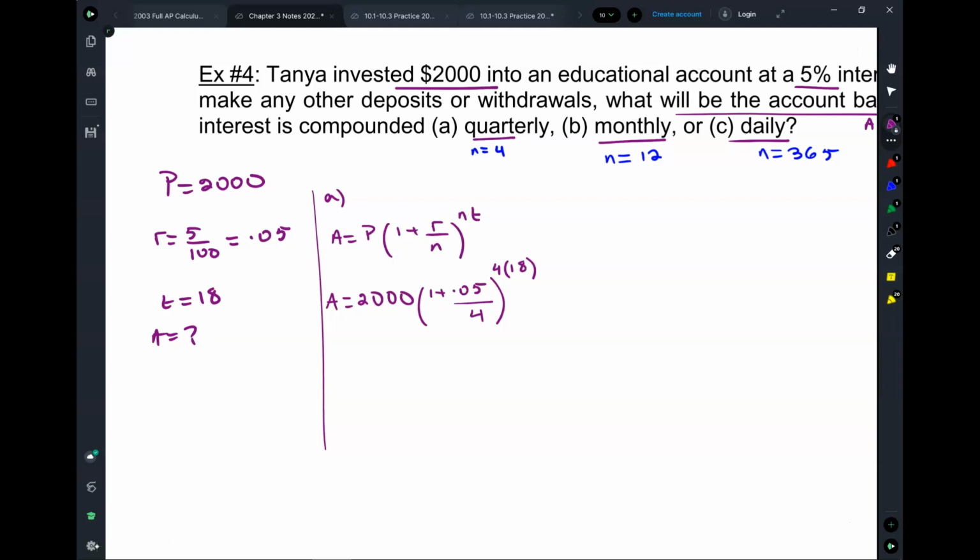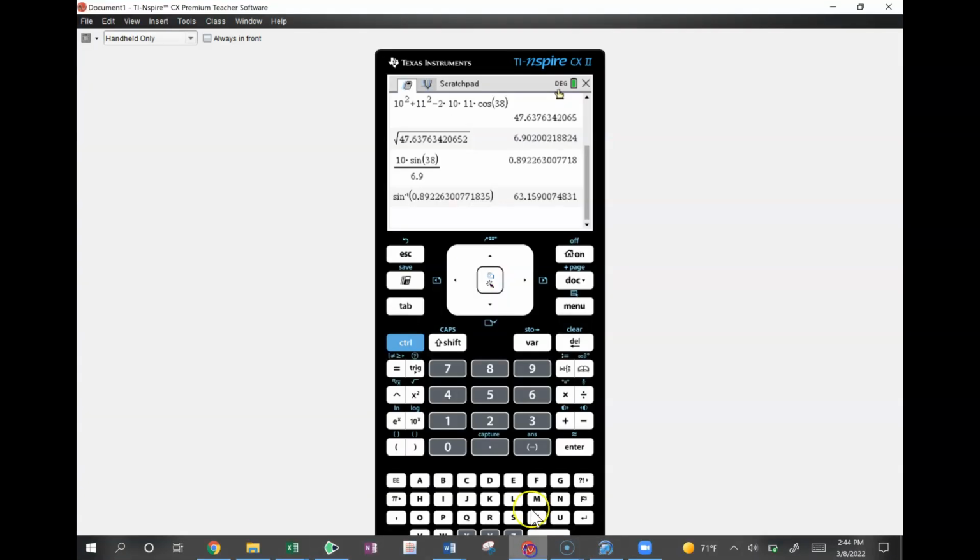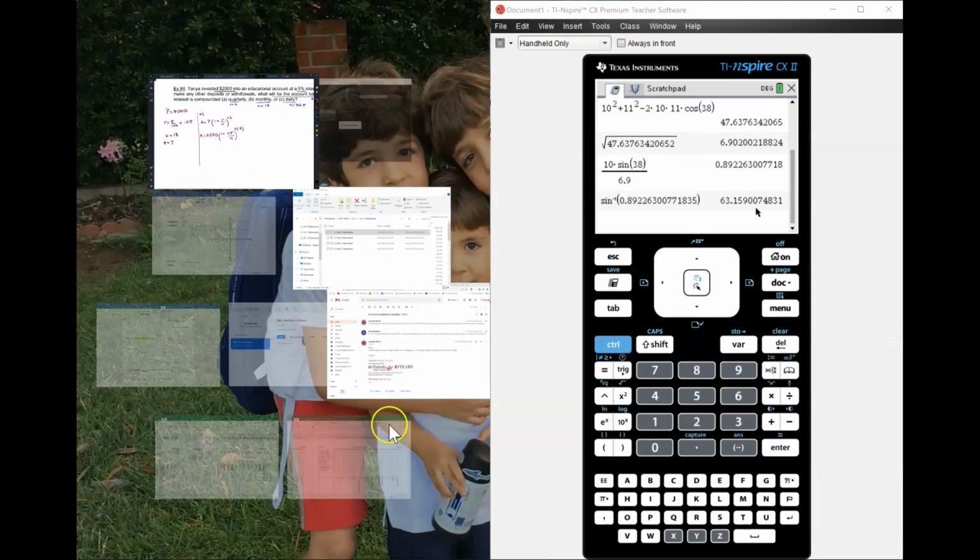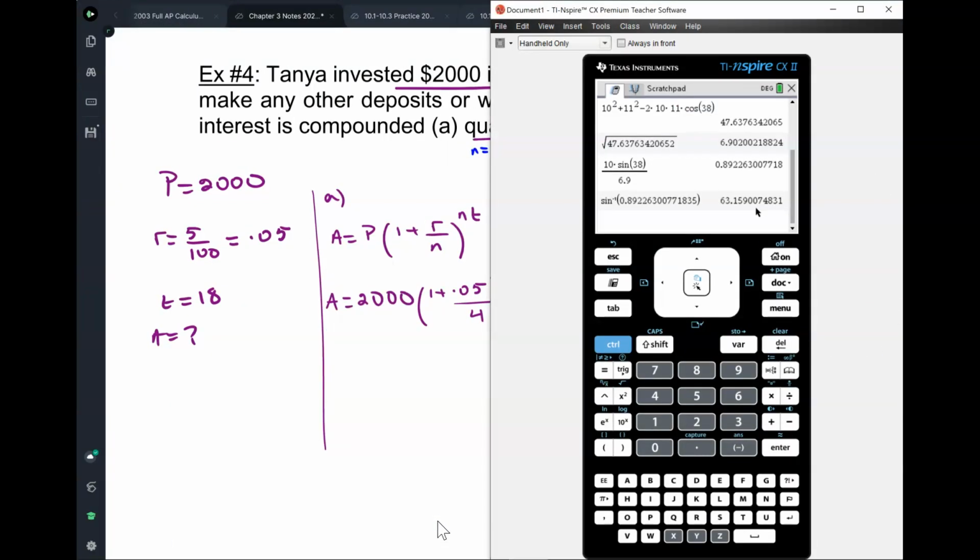Let's plug this into the calculator. We're going to do 2,000, 1 plus, exactly as you read it, 0.05 over 4, to the power of 4 times 18.